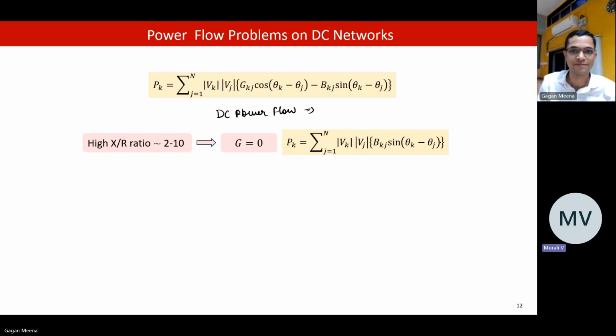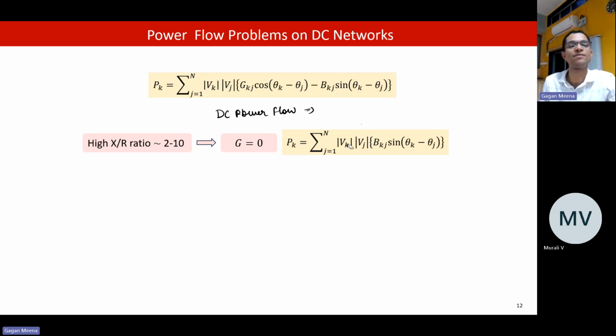So why is it called DC power flow? In this DC power flow, there is no reactive power. We assume that reactive power is zero. We are only calculating the active power, and you are considering angles. Voltage we are assuming is one.